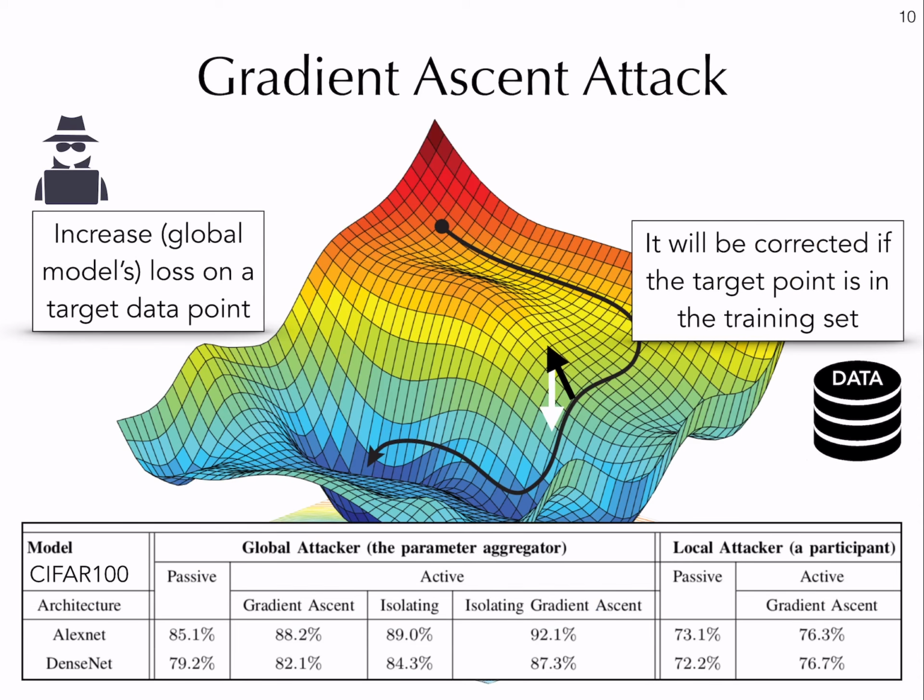For example, in the case where the parameter server is the attacker, it can even isolate a target model, run this gradient ascent attack, and get an accuracy above 90%, which is a very large accuracy for membership inference attack.